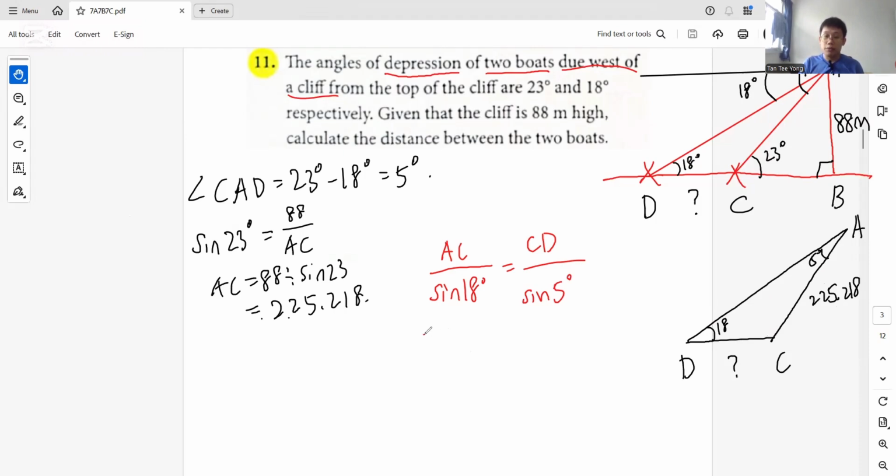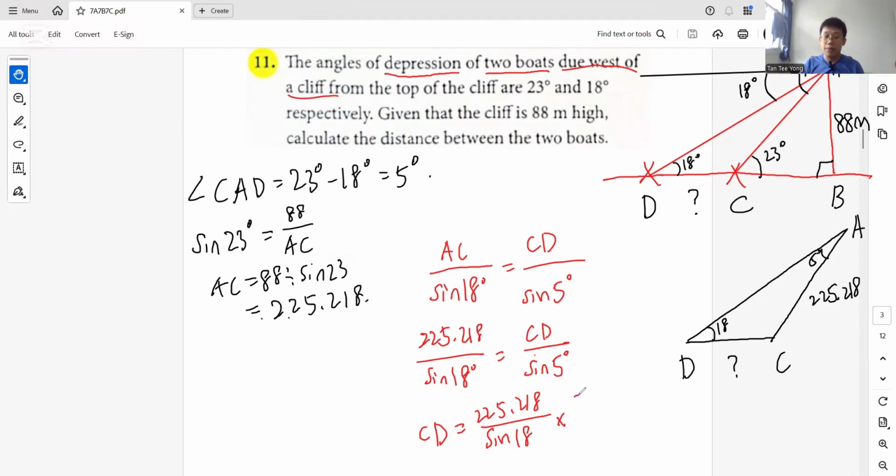So we will have 225.218 over sine 18 degrees equals CD over sine 5 degrees. So how to find CD? 225.218 over sine 18 degrees times sine 5 degrees.